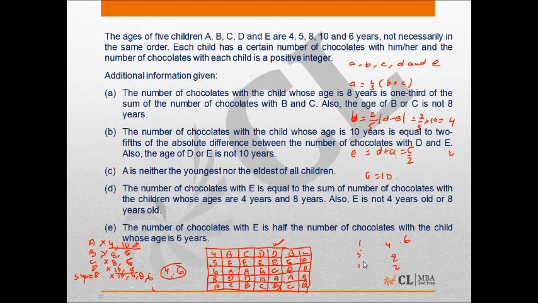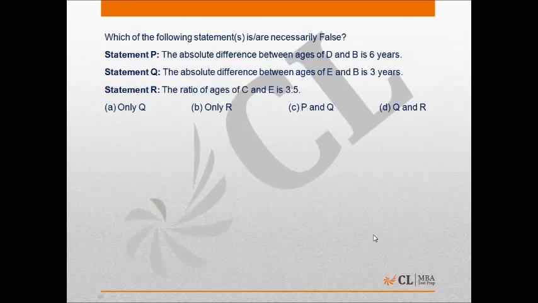In the fourth case, it is 5. In the fifth case, it is again 1. In the sixth case, it is again 5. So the absolute difference between ages of E and B can either be 1 or 5 but not 3. This implies statement Q is wrong. So it has to be part of our answer.